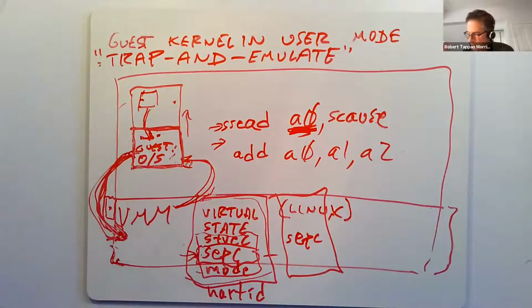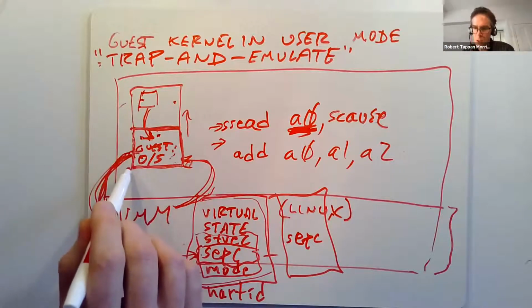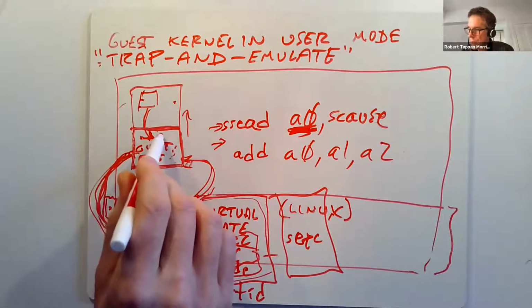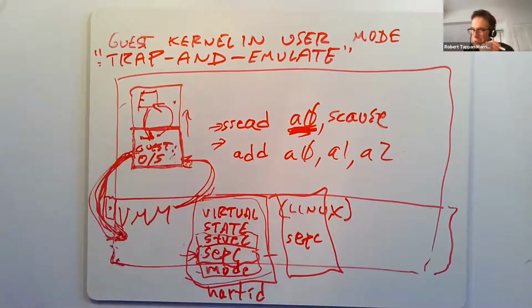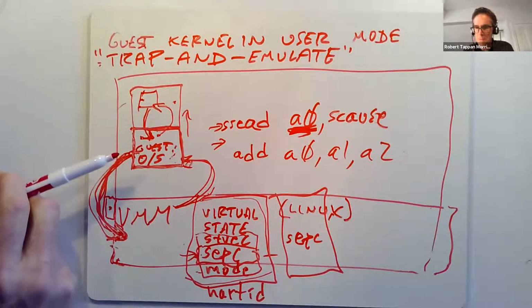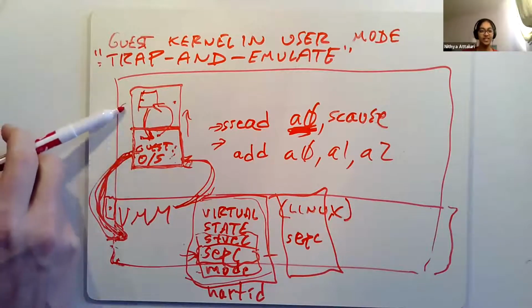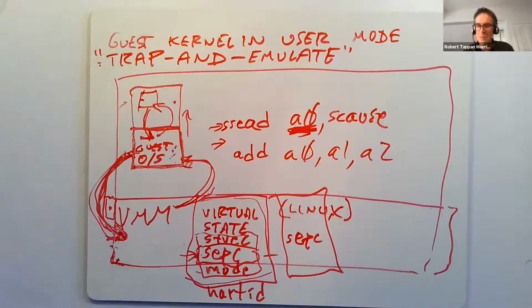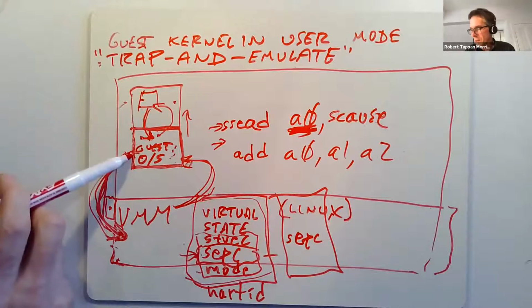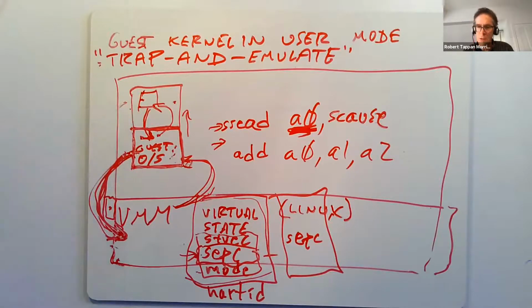It does all kinds of privileged things and expects them to work. And then when it executes an SRET to get into user space, it knows, aha, I'm going to enter user space now. And the VMM makes everything look like that's indeed what's happening. Even though in the real machine, it's in user mode in both places, this looks just like supervisor mode, and this looks just like user mode. Okay. Cool.